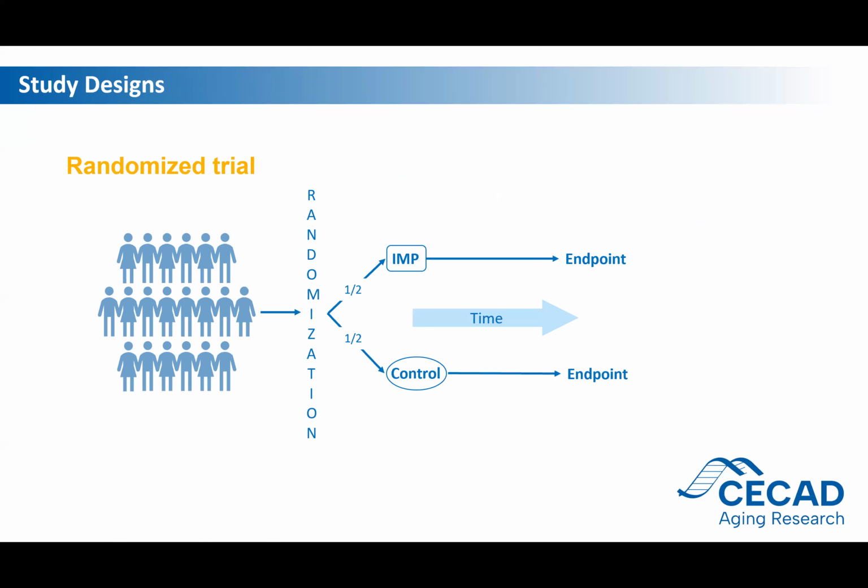To show you how this could look like in a very simple setup, we have the population of enrolled study participants, which are undergoing a randomization step, which means in this very simple case, half of them will receive the investigational medicinal product, go on with all the study procedures, trial visits until the endpoint is reached.